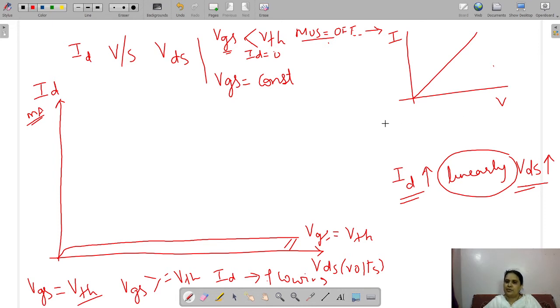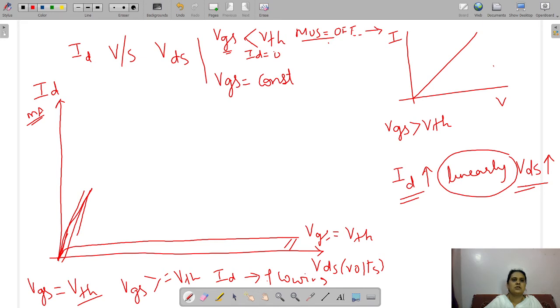So if my value of VGS becomes greater than VTH, the channel is already in the conducting state, just started to conduct. At that time if I vary the value of VDS, ID will increase linearly. So here I will get linearity, a straight line.